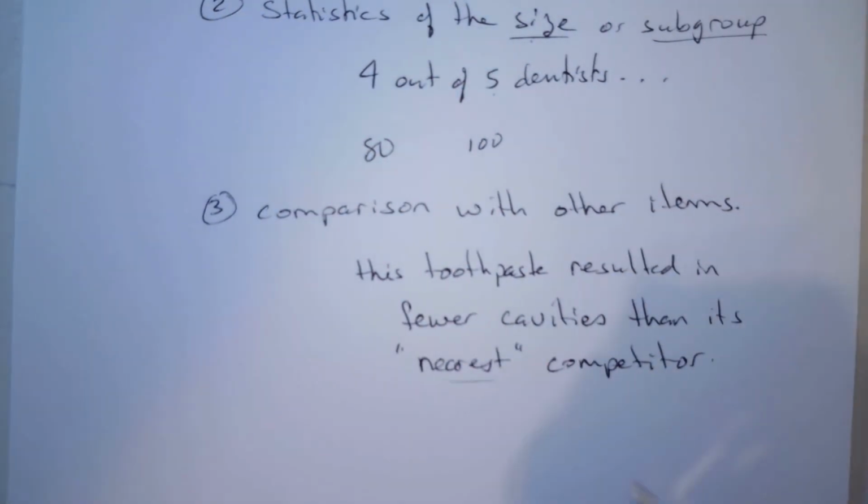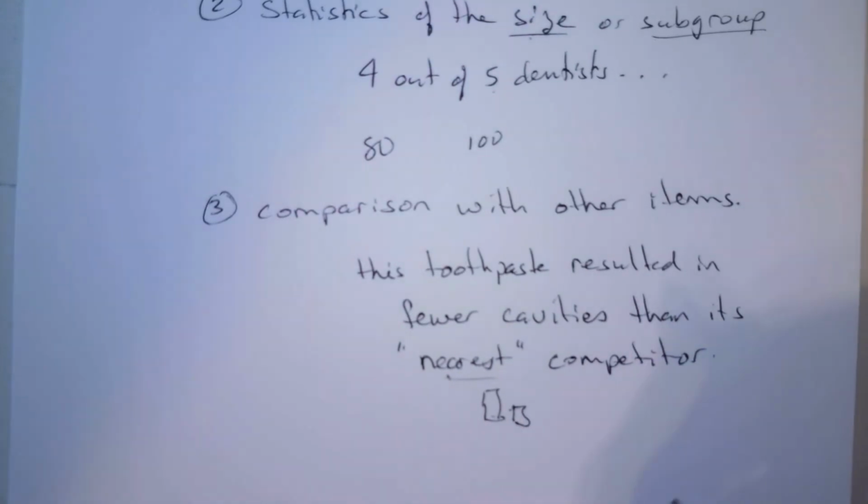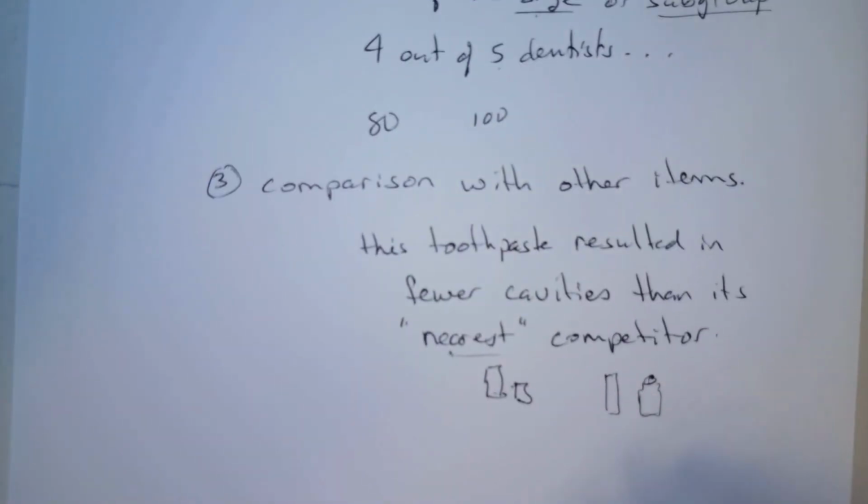By nearest, did you mean here's your toothpaste, here's a rock? That's the nearest competitor, is a rock. Or is it toothpaste versus motor oil? So who did you compare it to?